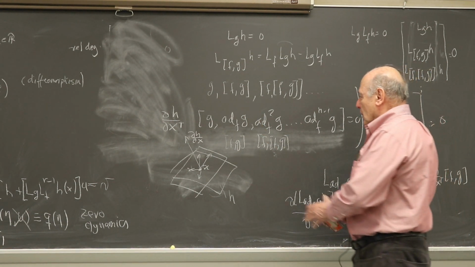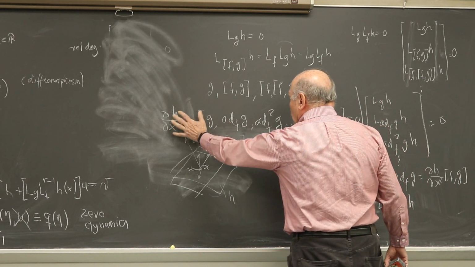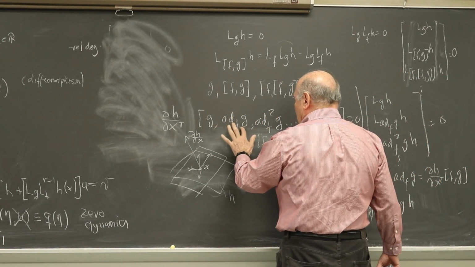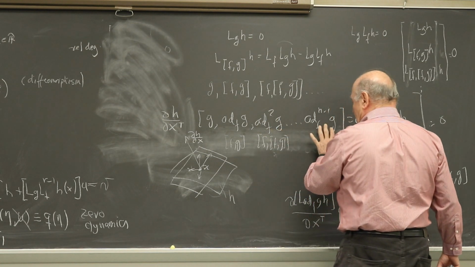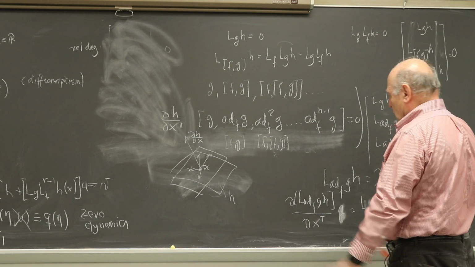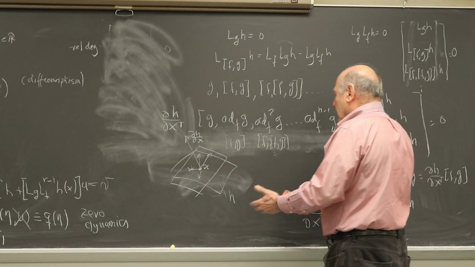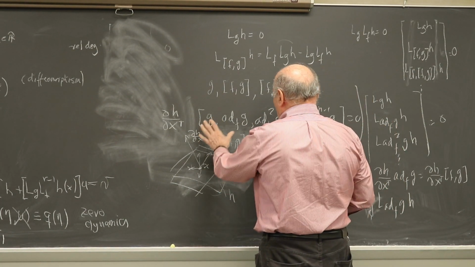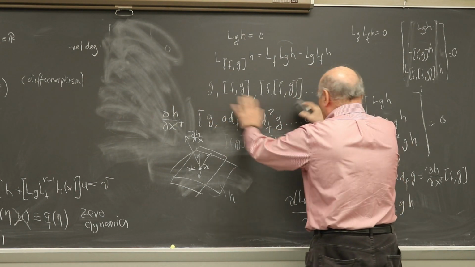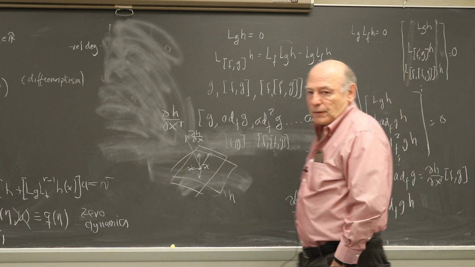That's Frobenius' theorem that tells you that you can have a solution of this first order partial differential equation provided that the directions taken by these vectors can be combined into vector fields and do not generate any new directions. So whatever vector fields I take the Lie bracket with respect to, they will obtain vector fields which are still found in the linear span of this set of vectors.